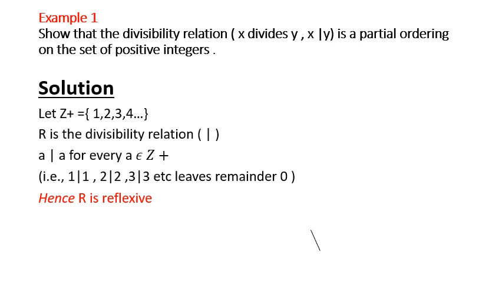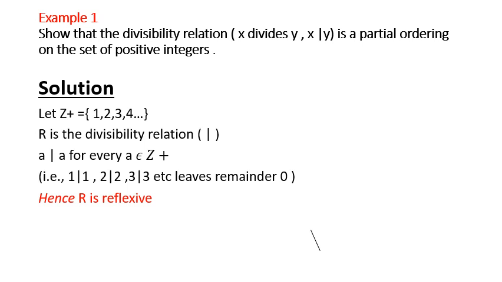Hence R is reflexive. Now what about antisymmetric? What we need to do? If ordered pair AB occurs, then BA should not be there. That means if 1 divides 2, then obviously 2 will not divide 1, isn't it? So we can say that it is antisymmetric because 1 divides 2 or 2 divides 4 or 4 divides 8. But we cannot say that 2 divides 1 or 4 divides 2 or 8 divides 4.